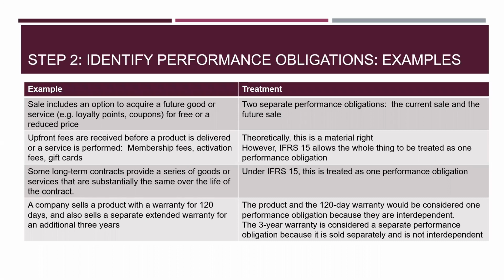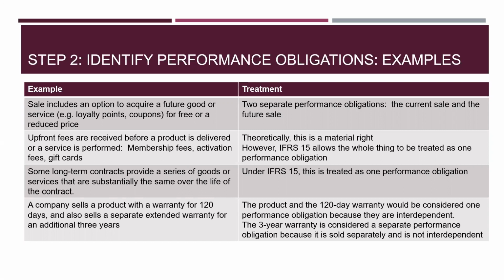These are some of the examples of identifying the performance obligation. The first one is when the sale includes an option to acquire future goods or services, such as your loyalty points or coupons for free or reduced price. In this case, the company will set up two performance obligations, one for the current sale and another for the future sales.